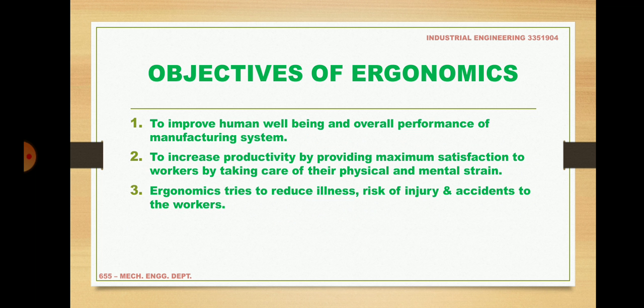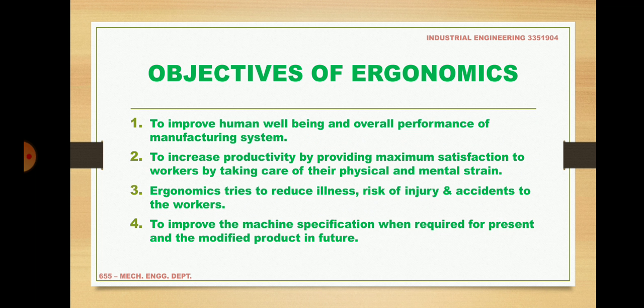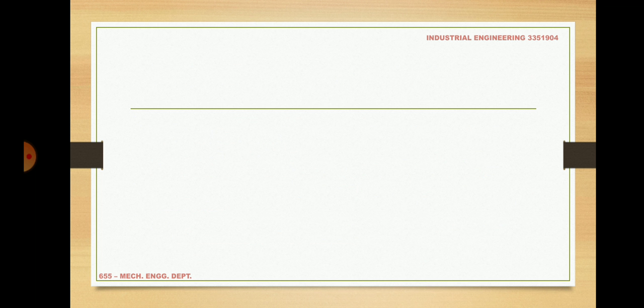If the person works in safe condition, there will be a reduction in illness, risk of injury and accident to the workers. To improve the machine specification when required. If the machines are placed at a specified location with safe working condition, it can be easily specified and modified whenever required. To improve the man and machine relationship, as we discussed in our definition.